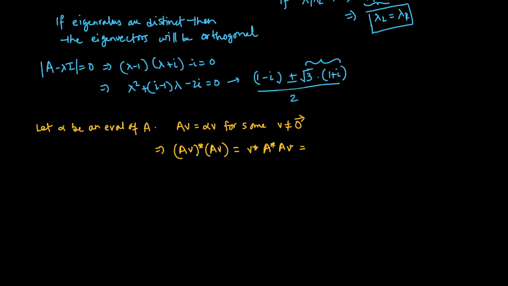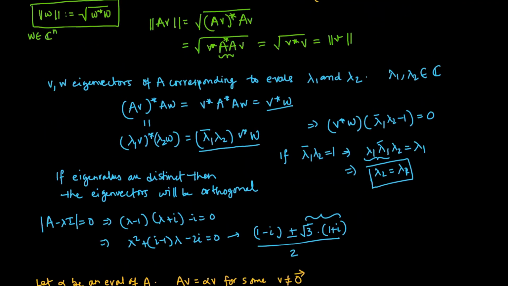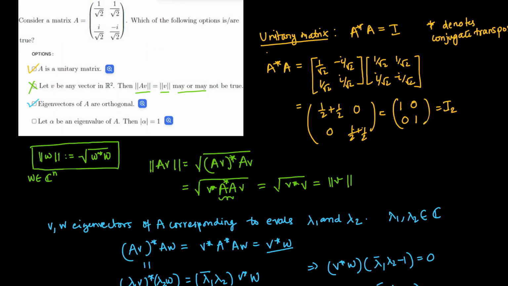Again, A star A will be identity, so this is nothing but V star V. But we can also write this as alpha conjugate alpha multiplied with V star V. Combining these two things, alpha conjugate alpha is equal to 1, because V star V is non-zero, since V is a non-zero vector. This means that the modulus of alpha is 1. So the last option is also correct.